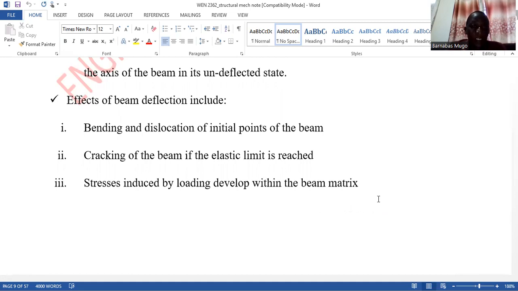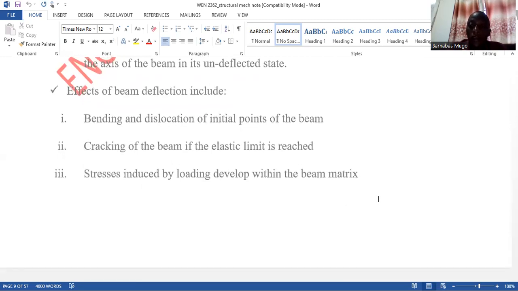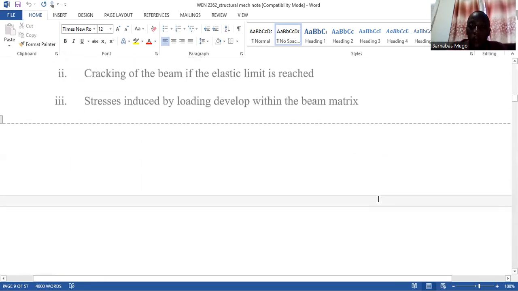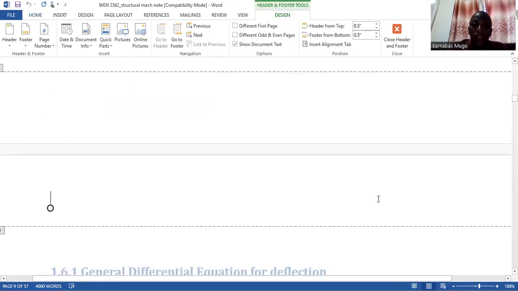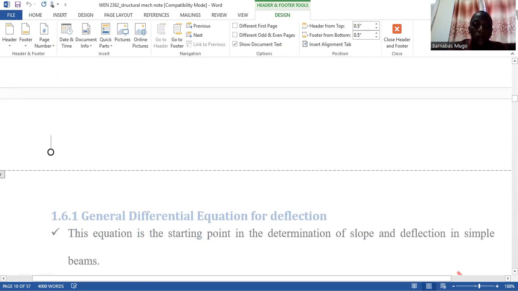We also expect cracking of the beam if the elastic limit is reached, and then the stress induced by loading develops within the beam matrix. That is also another point that we need to know.